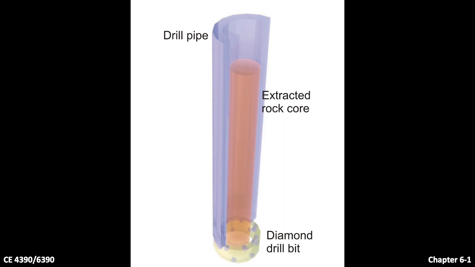As noted earlier, this bit is used when we want to collect the material from the drilling. A rock core inside the bit will be extracted after the drilling is complete.